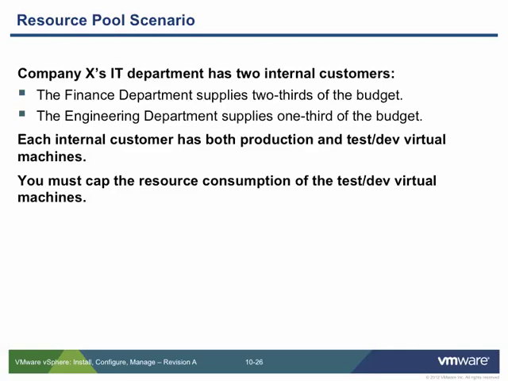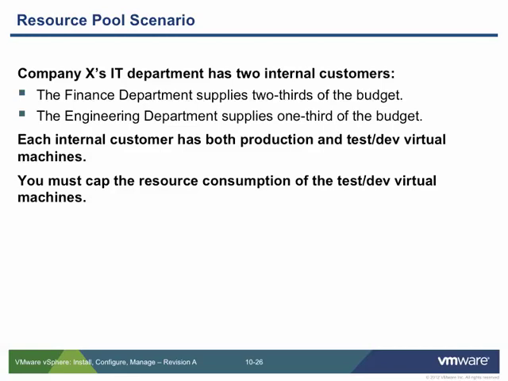So we can assume that, maybe not rightfully so, but for this example, since finance pays for 2/3, they're going to get 2/3 of the resources. And since engineering only pays for 1/3, they're only going to get 1/3 of the actual resources. Each one of those departments or customers, finance and engineering, have production and a test or dev environment.